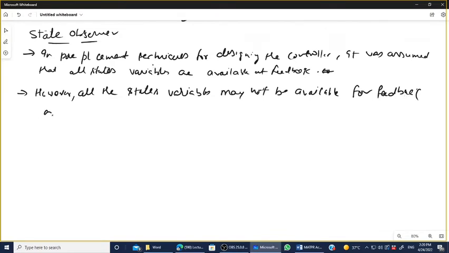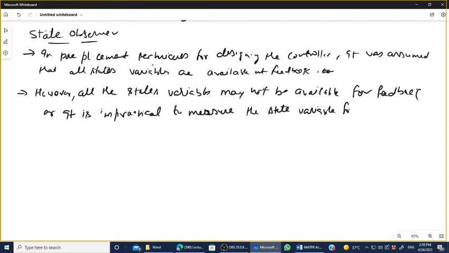Because it is impractical to measure the state variables, you are not able to measure all the state variables.